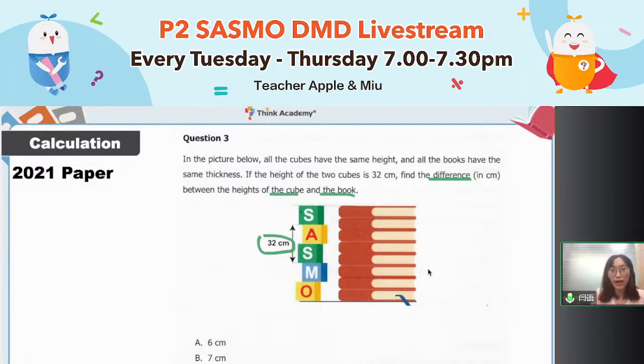Okay, again, everyone, you try it by yourself. What is the difference between the heights of one cube and one book? Okay, another 1 minute for you. Any idea?